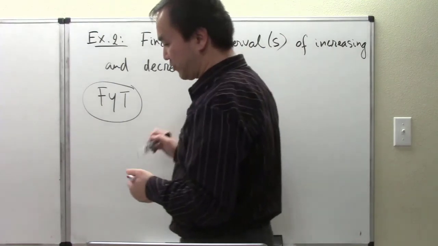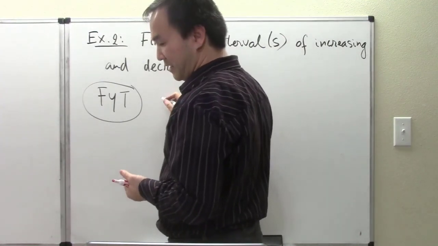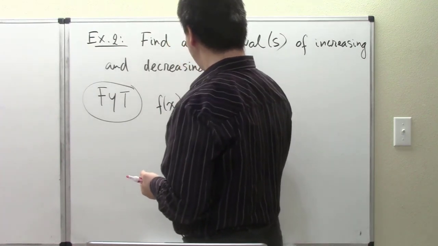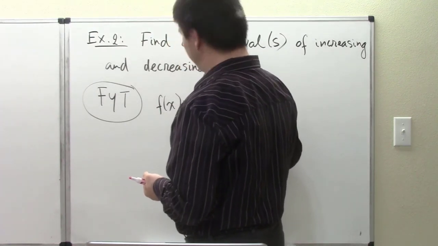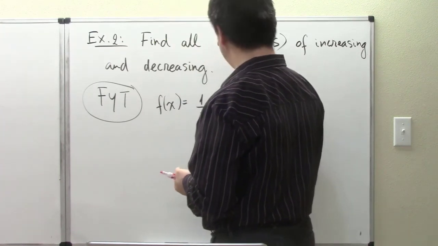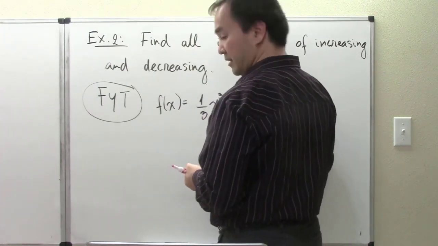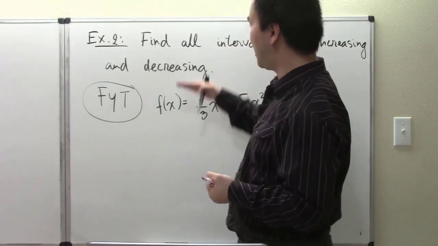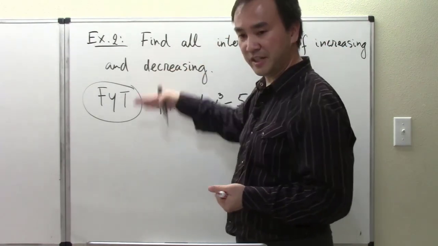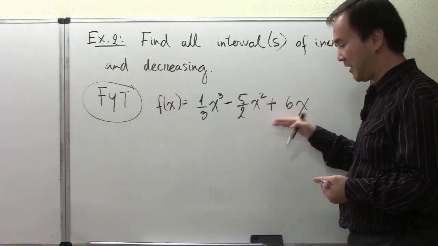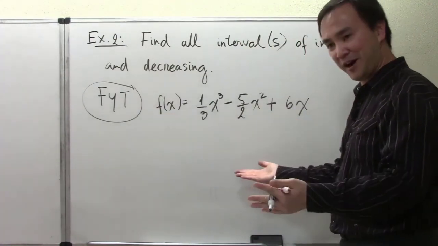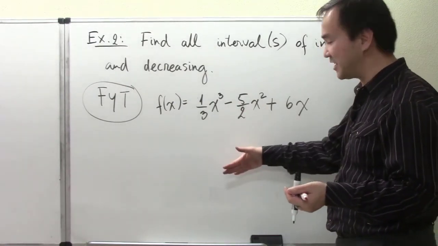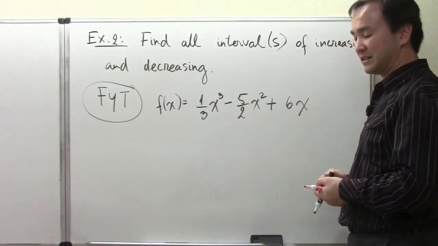With your function f of x being 1/3 x cubed minus 5/2 x squared plus 6x, I want you to find all intervals of increasing and decreasing for this function. It's an FYT, so I am not going to step in with the steps. I'm only going to wait until you finish, and I'll give out the final answer.